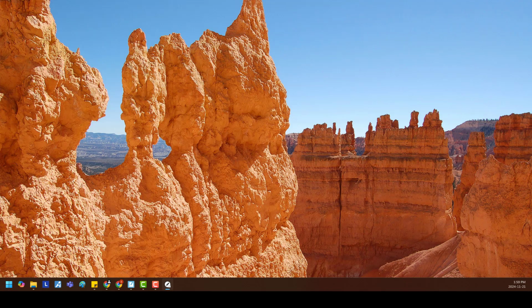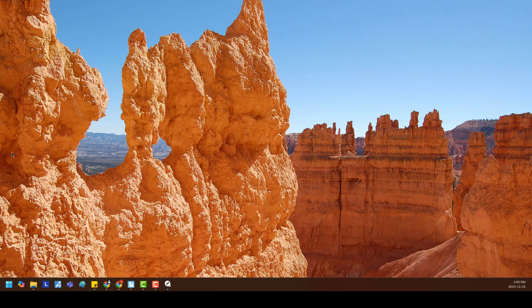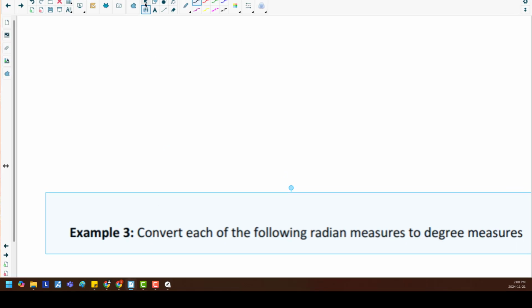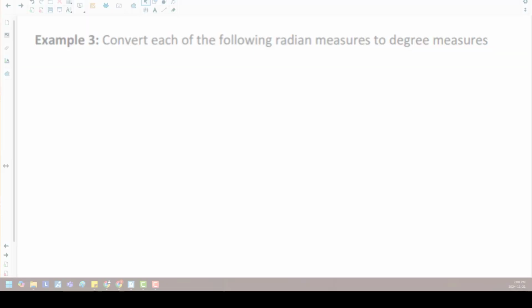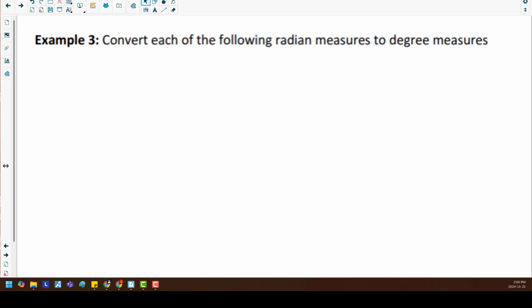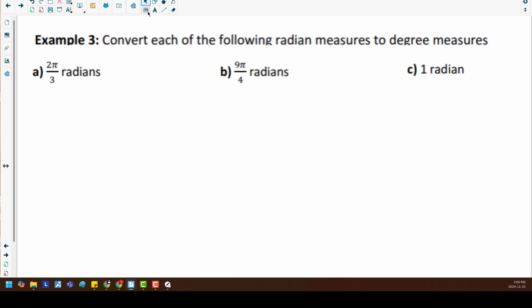And now we're going to convert from radians to degrees. Oh, wait, oops, didn't copy the question down. There we go. Okay. So we're going to convert 2 pi over 3 radians into degrees.